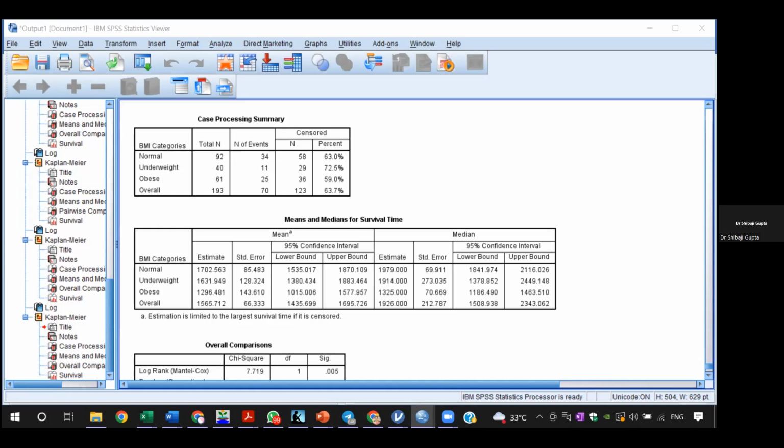Because the graph is saying it's not really significant, but the p-value is saying it's largely significant. So we have to go by the p-value.